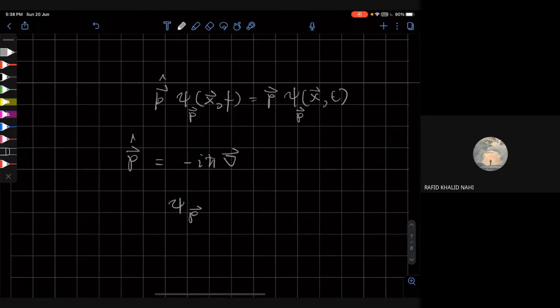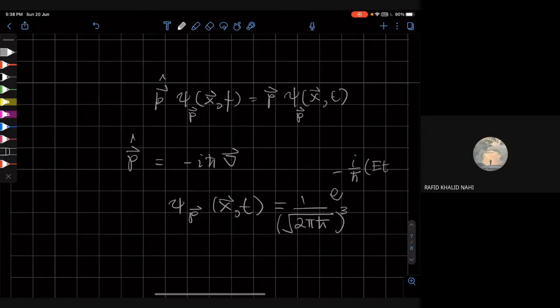This equation is very easy to solve, and it's just given by some normalization factor, which I'm going to choose to be 1 over root 2 pi h bar to the power 3. This is a convention. Then e to the power minus i by h bar, Et plus minus p dot x, okay?